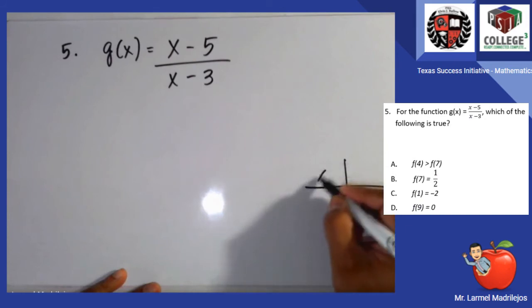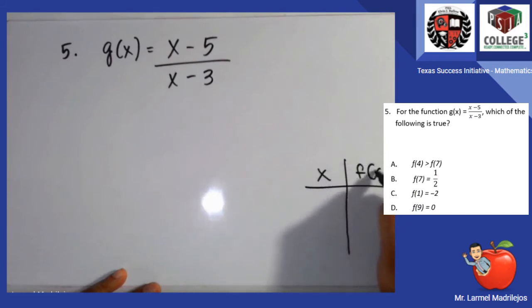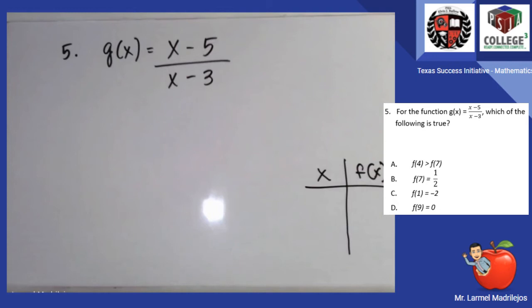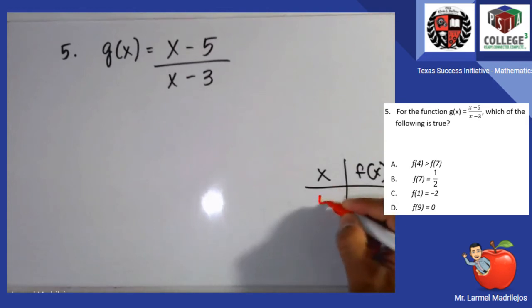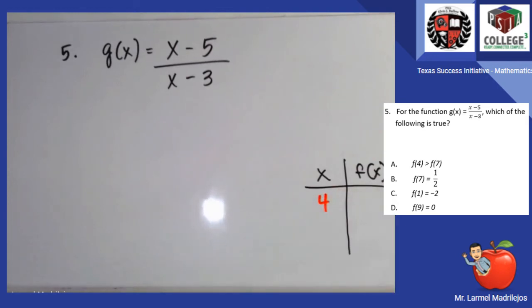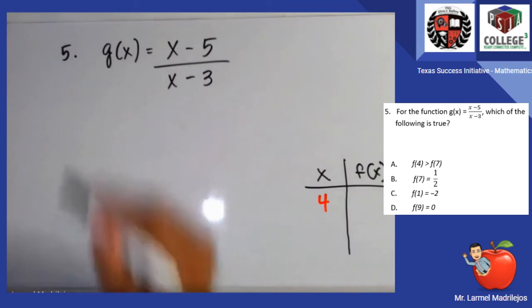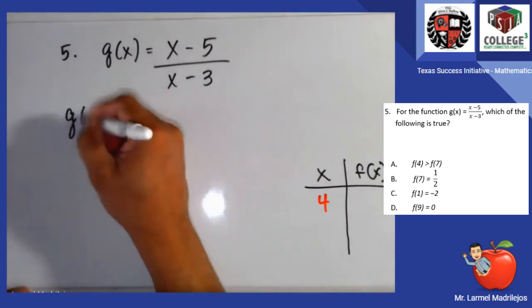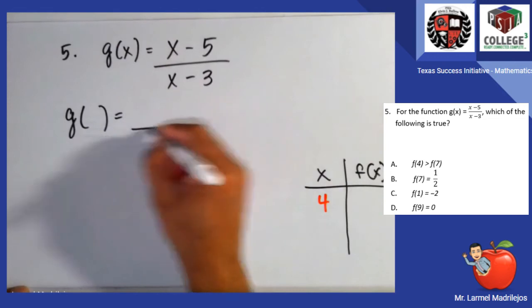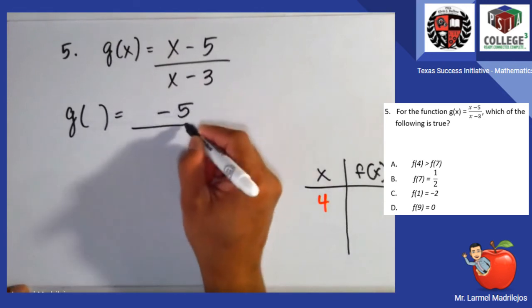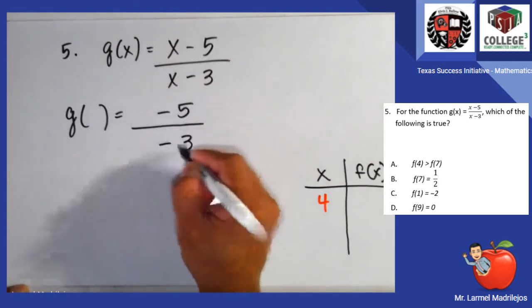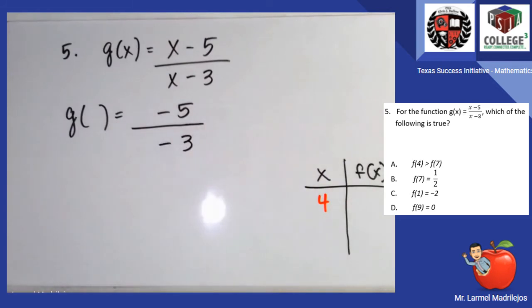We draw it here when x, f of x. So when x is 4, what's the value of f of x? Okay, I'm going to write it here. G of x is x minus 5 over x minus 3. I start with 4.